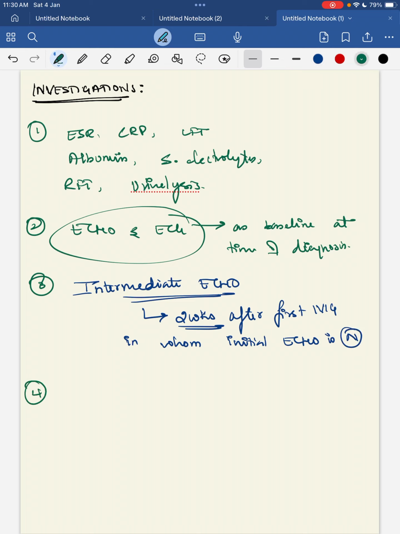So echo should be done weekly to monitor for the development of your cardiac sequelae.